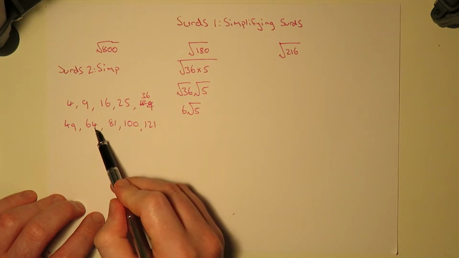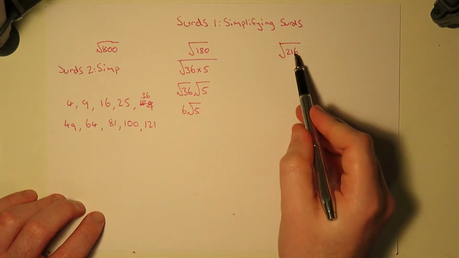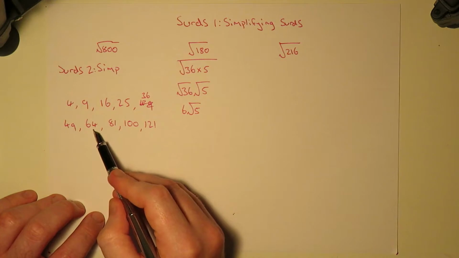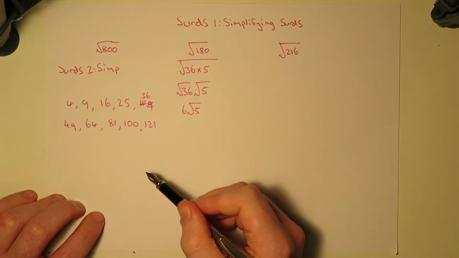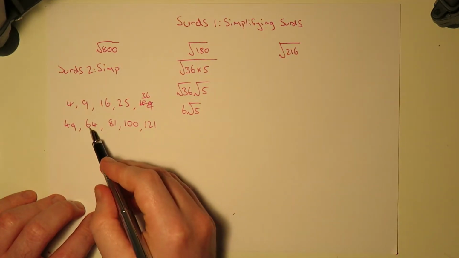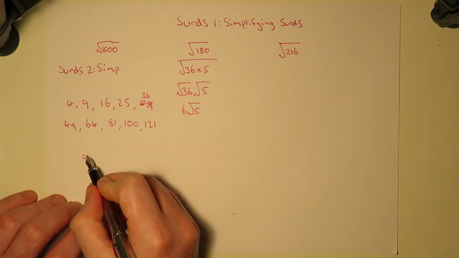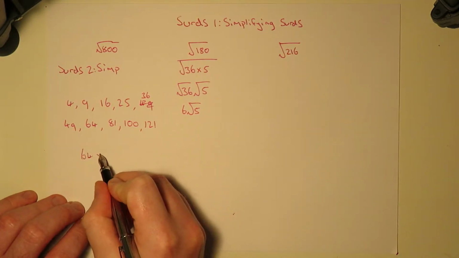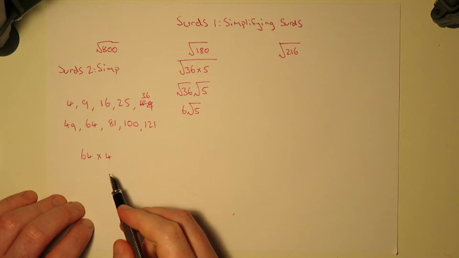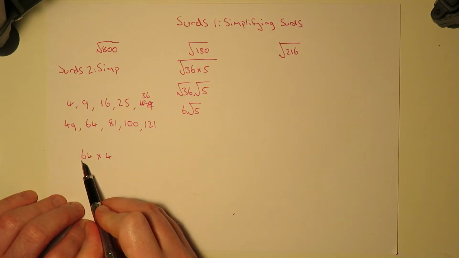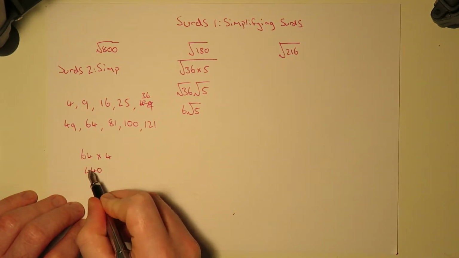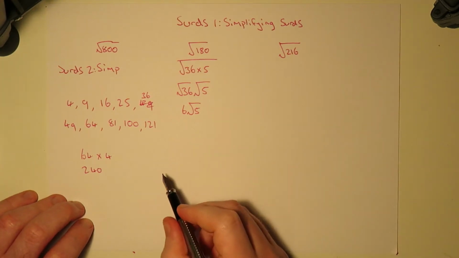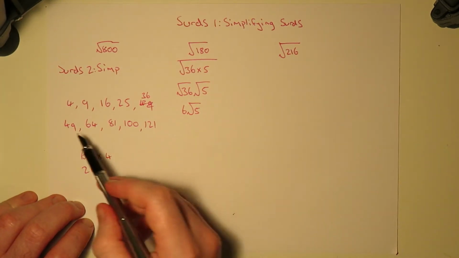For 64 to end in a 6, you have to times it by 4. 4 times 4 is 16. Okay, so what about that then? Does that work? 64 times 4. Well, 4 times 60 is 240, so we're too big. So that one doesn't work.